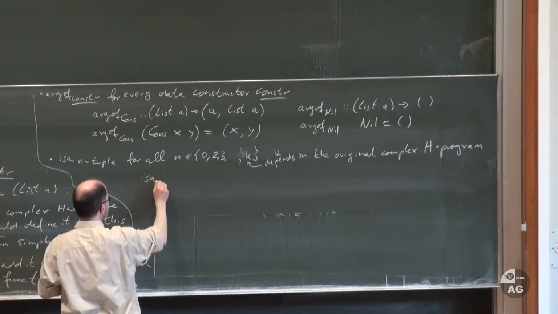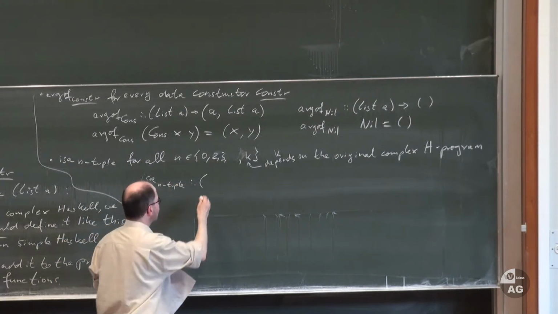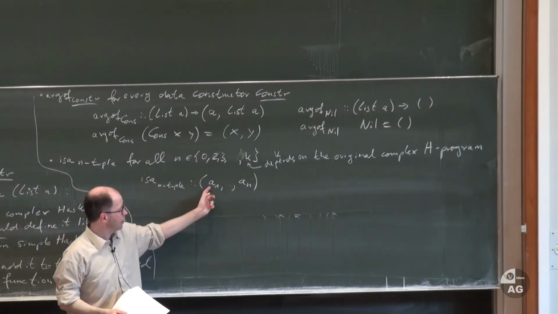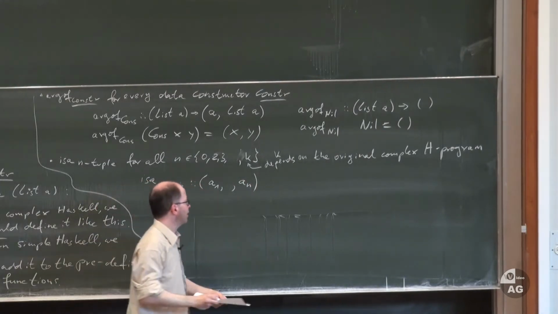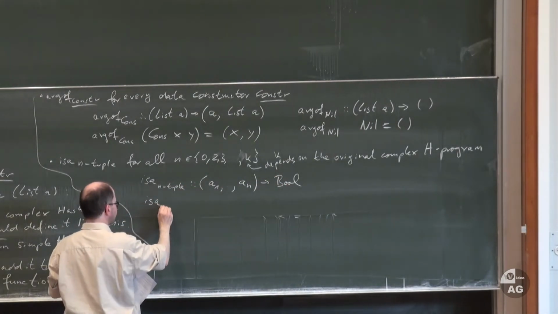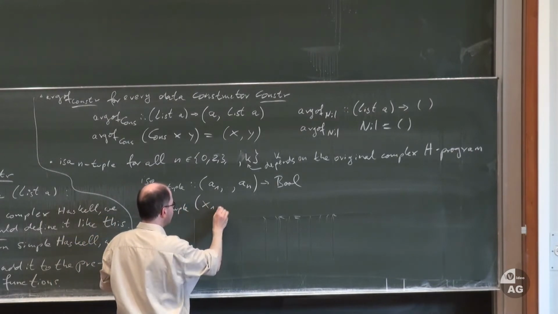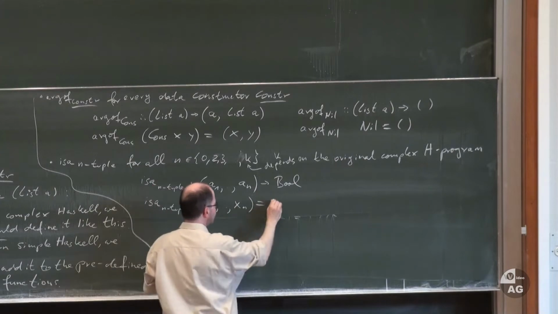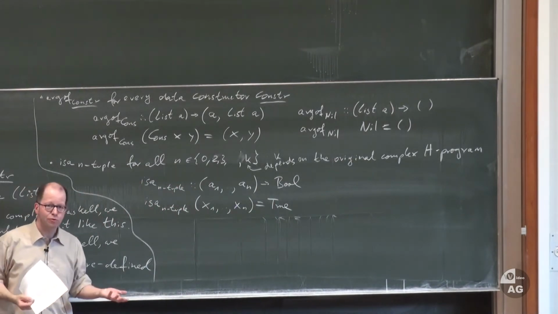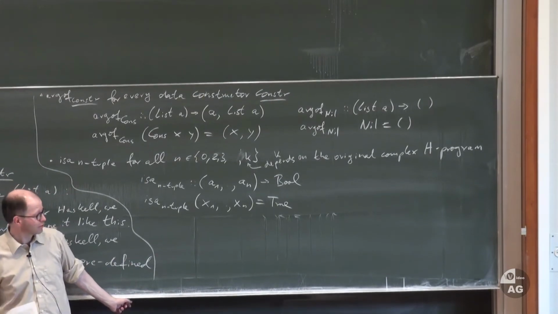Is-a-n-tuple would take an arbitrary tuple with n components, so of the type tuple where the first component has type a1 and the last component has type an, and it returns a Boolean. Whenever this is really applied to n components, then it returns true. But if it is applied to bot, for example, then it's not terminating. Then it gives you bot.